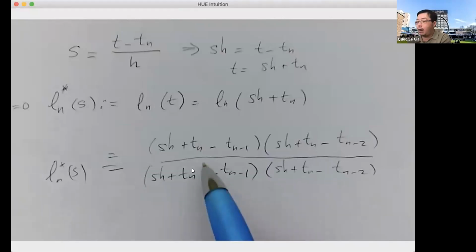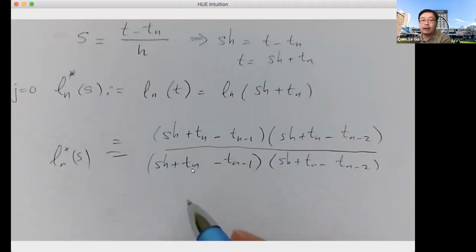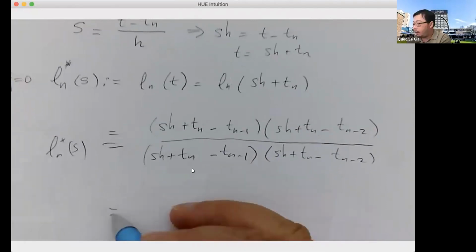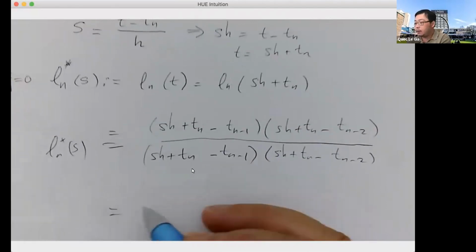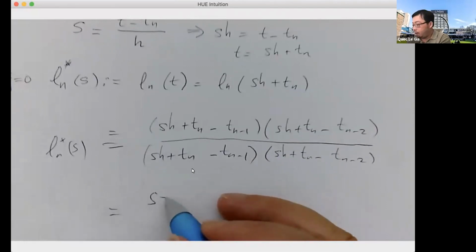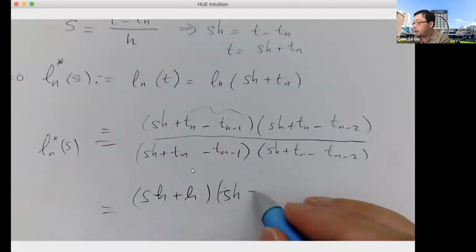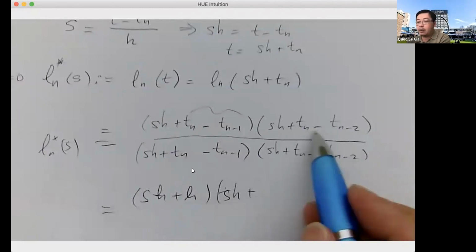If I do one more step, you see that t_{n-1} is just equal h, so you got sh plus h. And t_{n-2} is 2h.